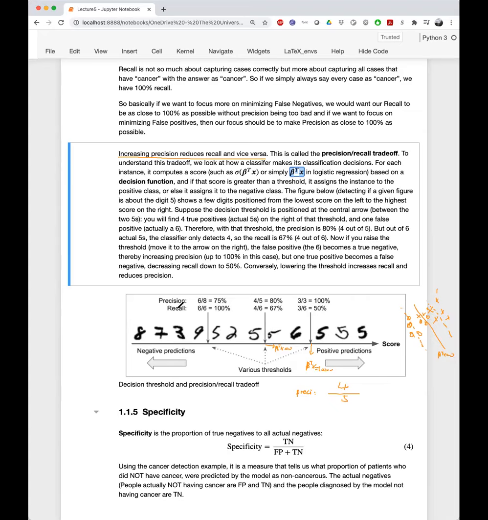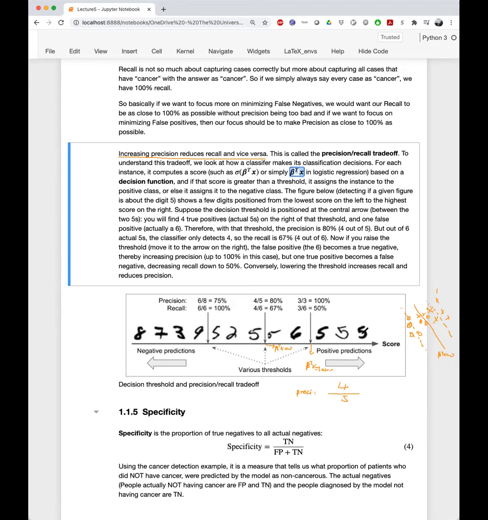Let's look at the recall. If the threshold is here, we want to look at what's the percentage of positive cases that we caught. If the threshold is here, we caught 1, 2, 3, 4 positive cases. But how many positive cases are there altogether? 1, 2, 3, 4, 5, 6.